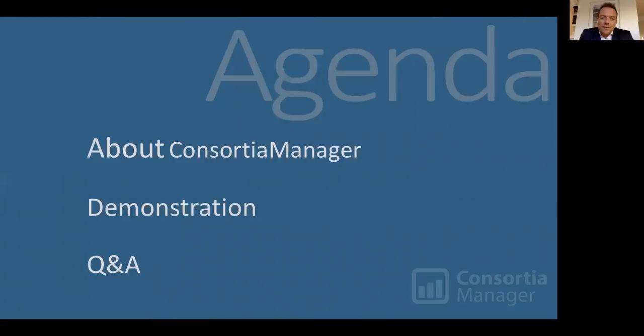Thanks. Okay. Good. Now, I'll start out by introducing myself. My name is Niels Jensen. I am one of the two co-founders of ConsortiaManager. I have roughly 20 years of experience in the industry. I've worked for publishers such as Munksgaard and Blackwell Science out of Copenhagen and out of the US.